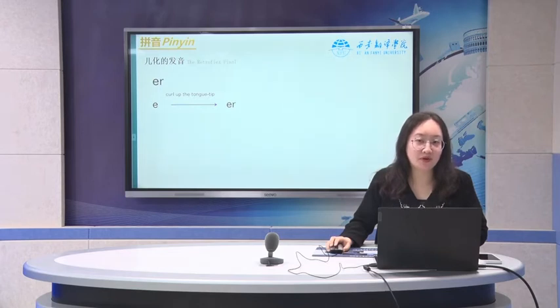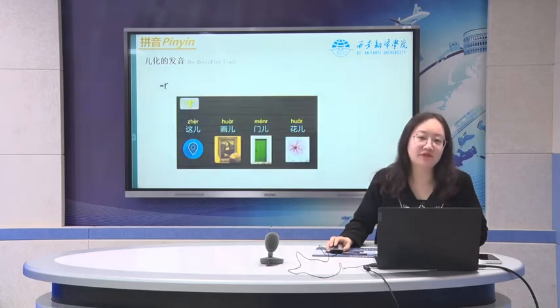And we have some pinyin part. You can say... If you roll your tongue tip, you have this word. That is a retroflex tone. You can see some difference. 这儿.